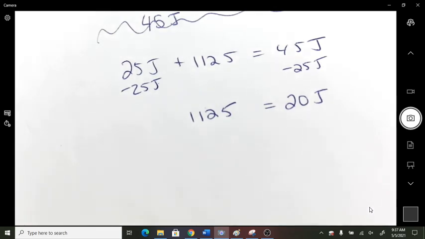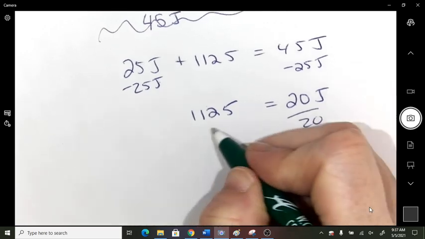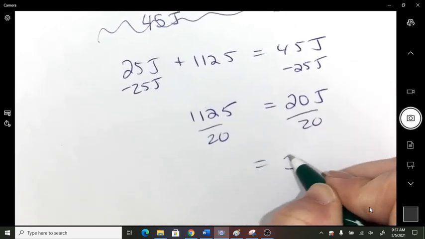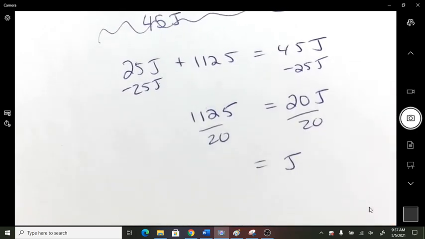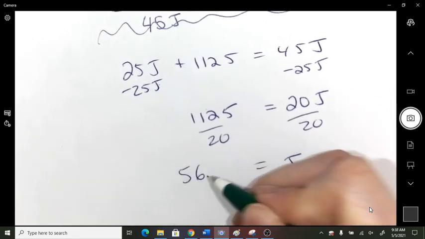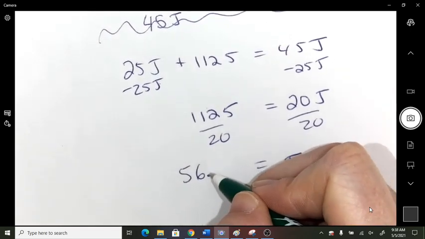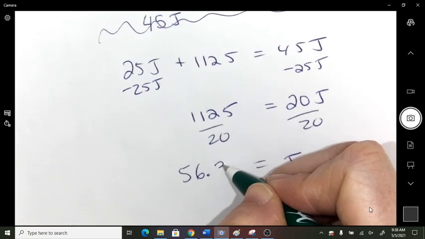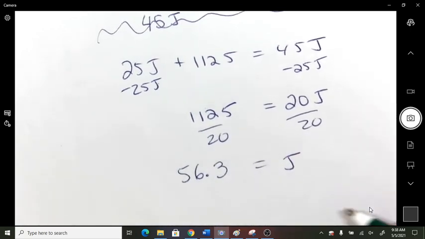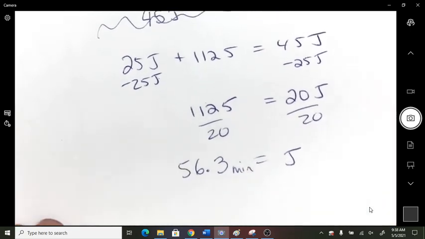This is an isolation mode. Is it 50 some minutes? So that's how long Jake takes by himself. Okay?